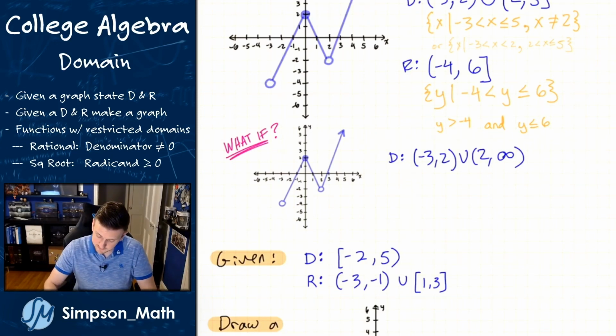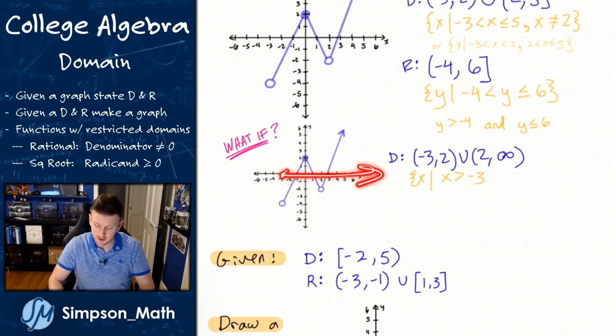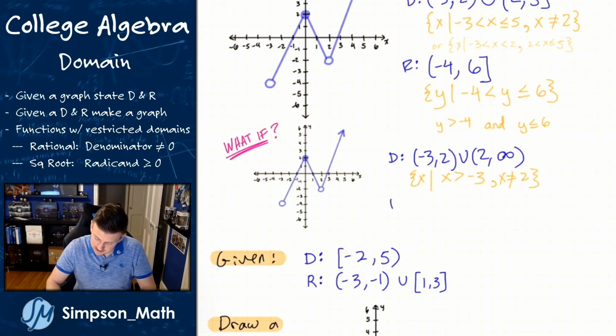It's going to be much more efficient to just say this is the set of x's such that x is greater than -3. So we're saying x is greater than -3, which is taking me from this -3 almost forever and ever and ever to the right, but just not at 2. So a comma, but x does not equal 2. All right, that's how I would like you to write that domain in set notation.